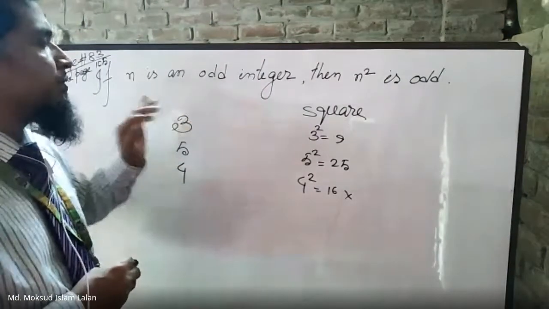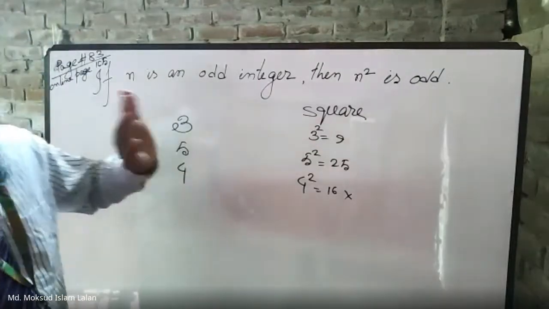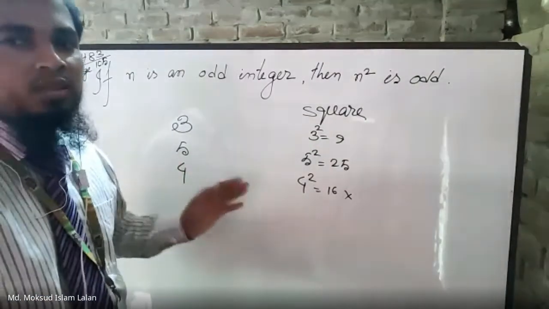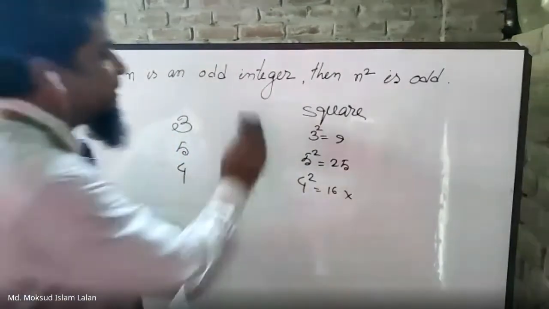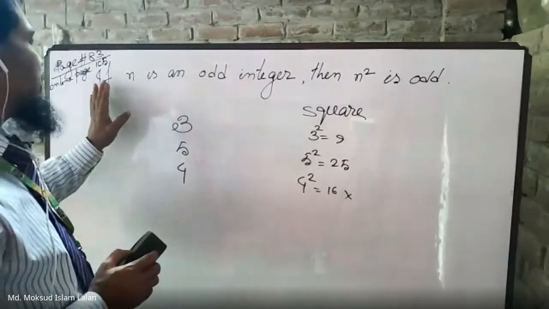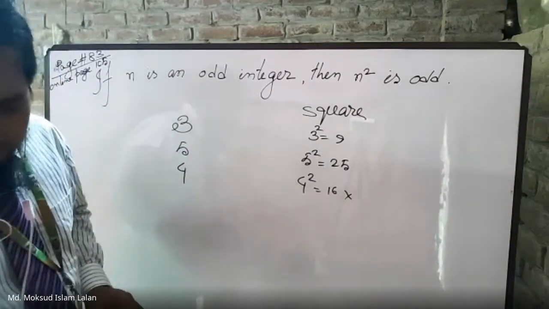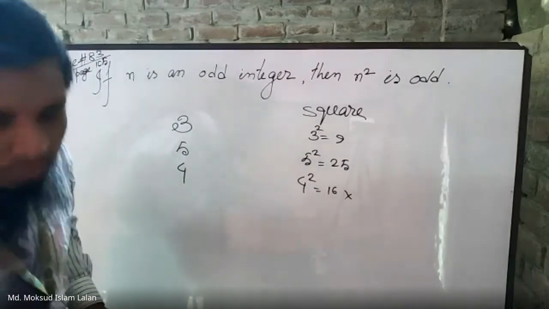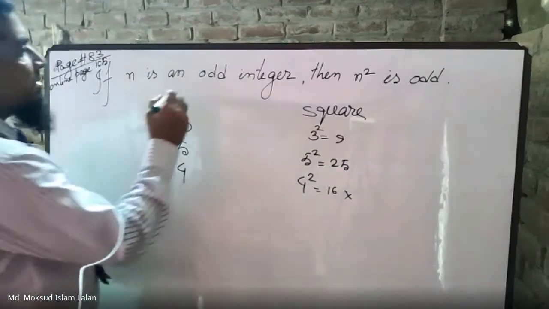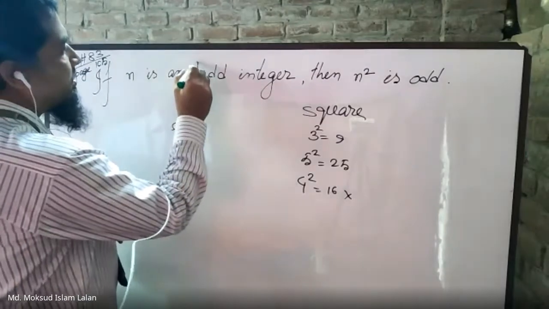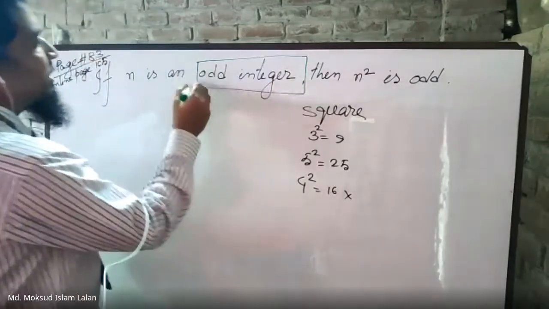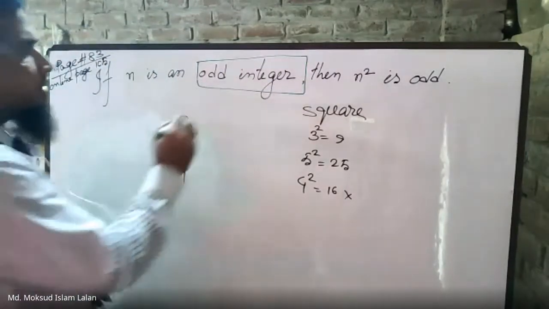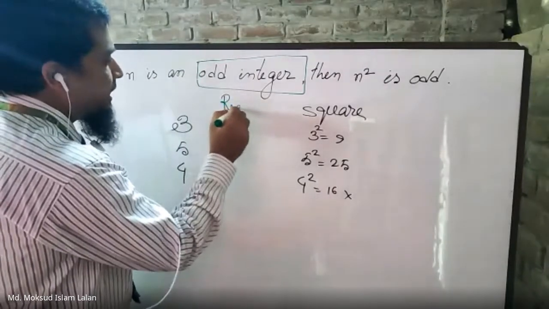Now, dear student, try to understand. All these things are very easy, but there are so many things here. So I'm going to help you. If n is an odd integer, please focus on this word here: integer. n is an integer, not a real number, not any other number.